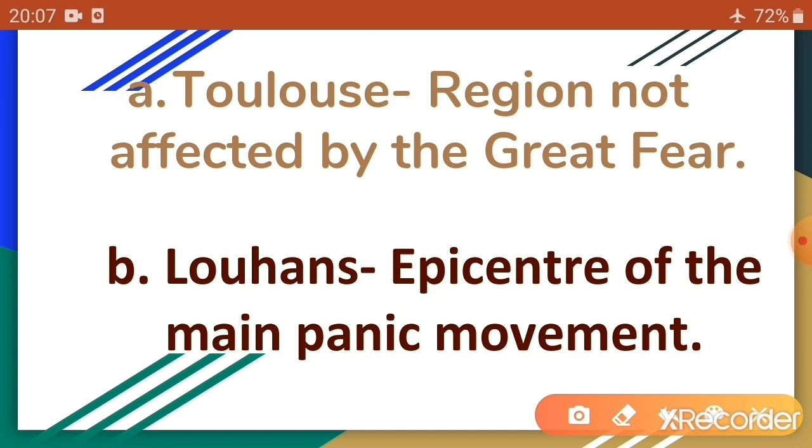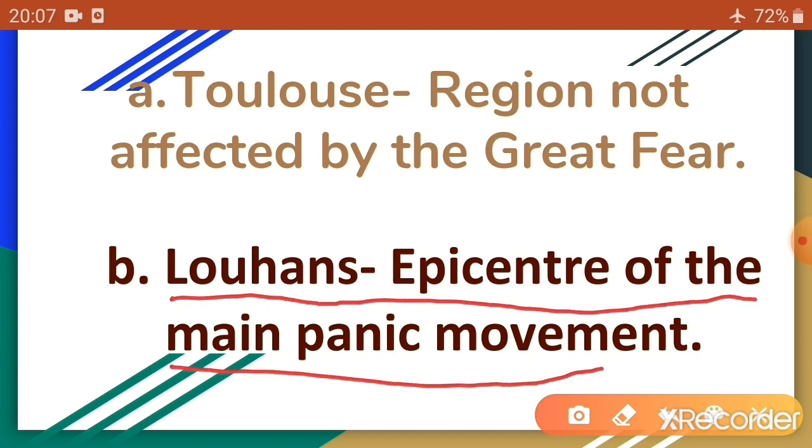Okay, our question number B is Lohans, epicenter of the main panic movement. Okay, so here we are having two questions, question A and B. Okay, these two regions you are going to locate in your map activity book. Page number I have already mentioned, that is page number 46 and 47.